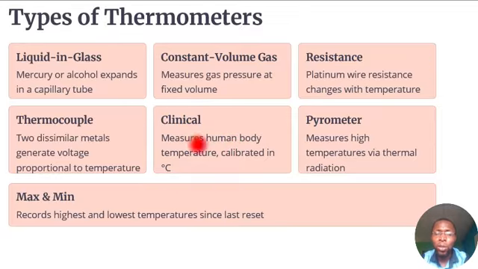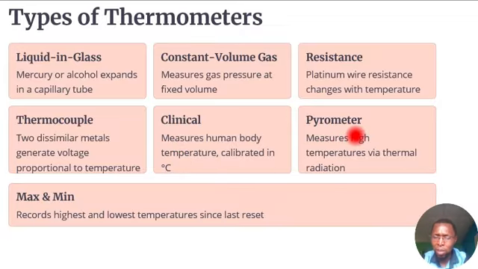The clinical thermometer is under the family of liquid in glass thermometers because they also make use of thermometric liquid. But we differentiate it because it is specifically used to measure the temperature of human beings. It is used to measure the temperature of the human body and it is calibrated in degrees Celsius. Although there are some that are also calibrated in degrees Fahrenheit, the standard is degrees Celsius.